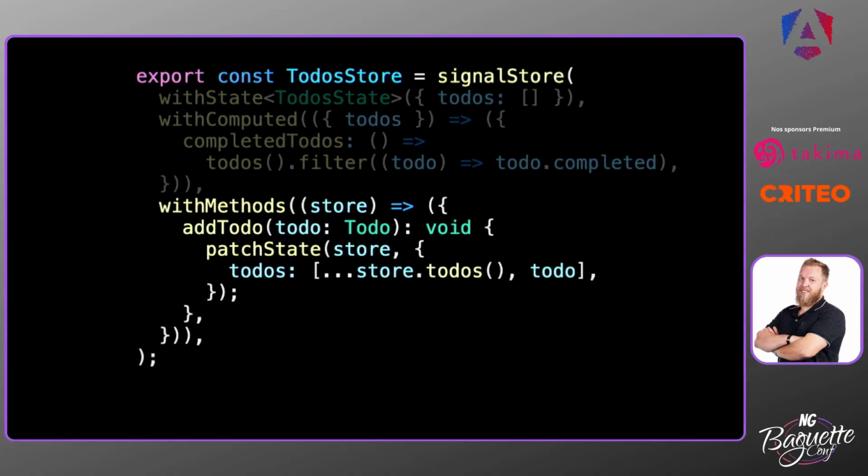That's how you update to-dos. Obviously, in a real application, it will most likely be some network call, fetch, update, and all these things. But again, we'll just do this for simplicity. So withMethods is a way to act on and modify the core state.